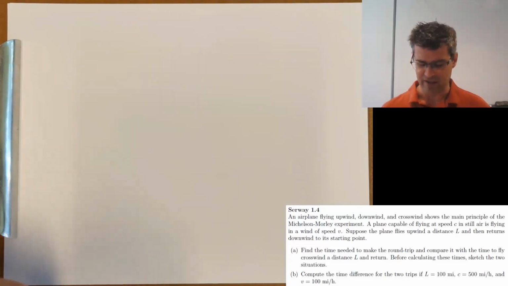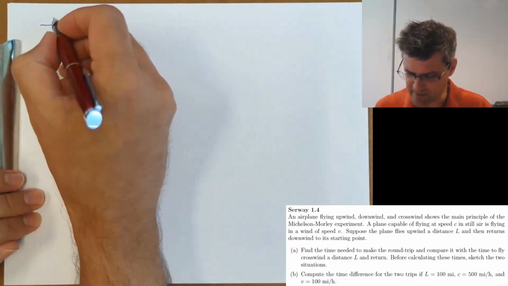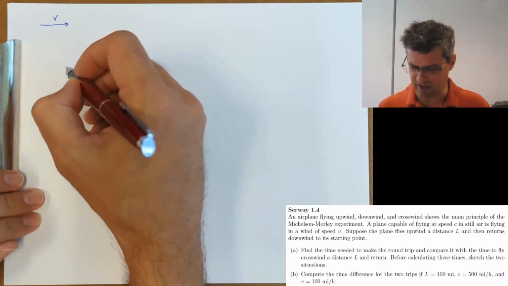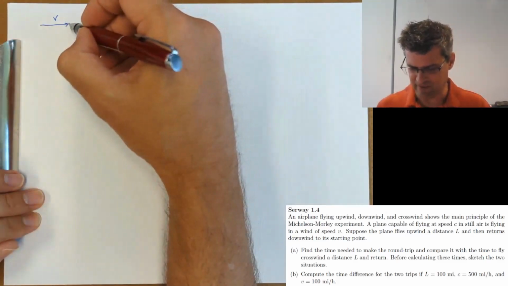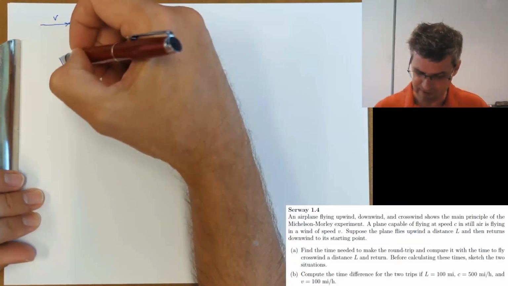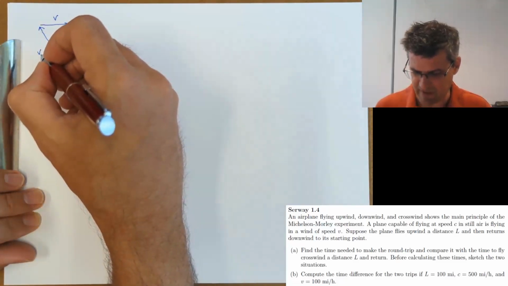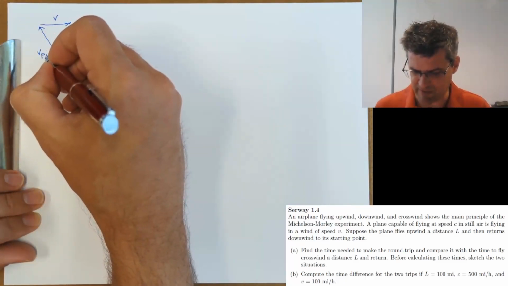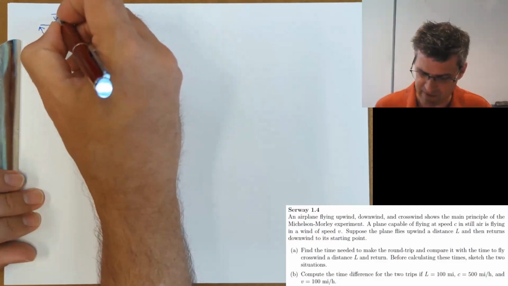Okay, so if, for example, we have wind going at some speed v, and I would like to get from some point on the ground to some airport here, but my airplane moves at maybe some v of the plane with respect to the air. This is velocity of the air with respect to the ground.